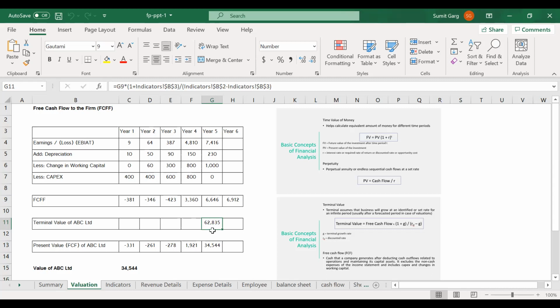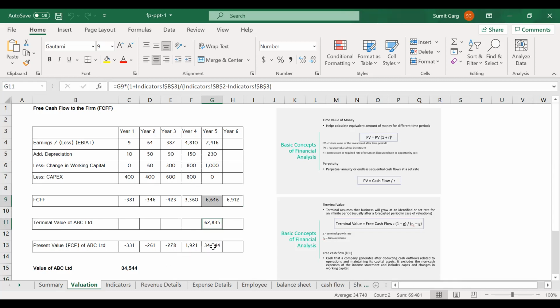So we arrive at a figure of $62.83 million. Now we need to calculate this particular figure and this particular figure. If we add these, it is somewhere close to around 69.5 million dollars. But this is the year 5 value, so we have to discount it back to the present value.